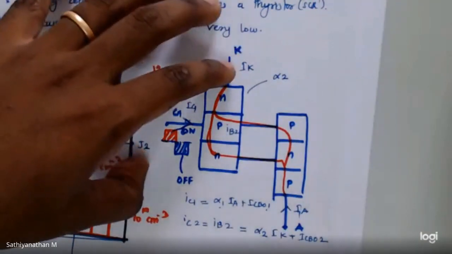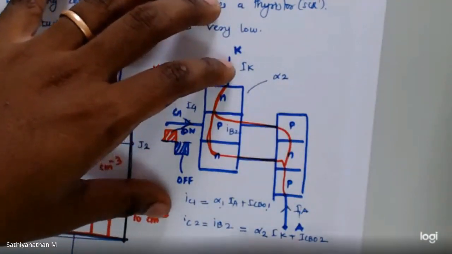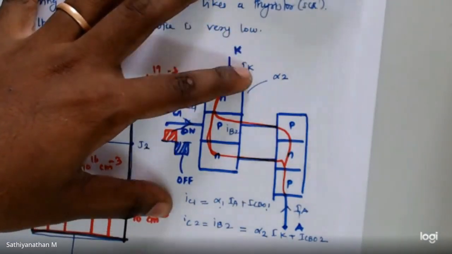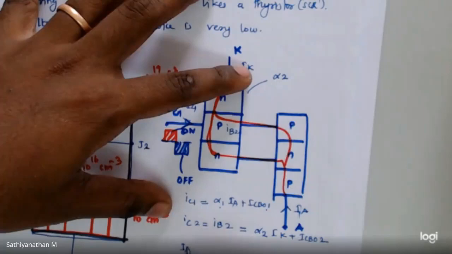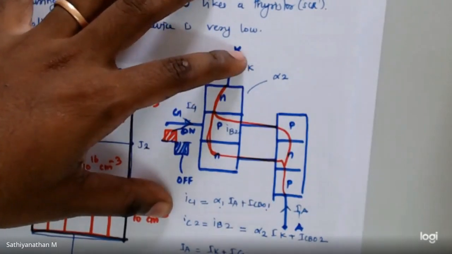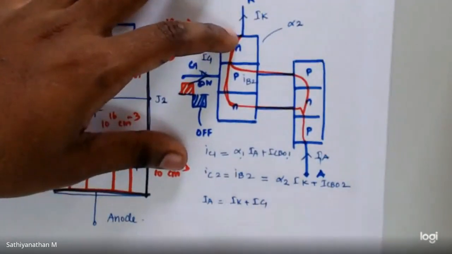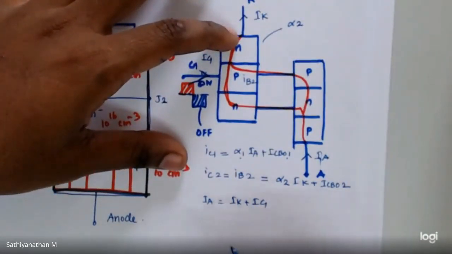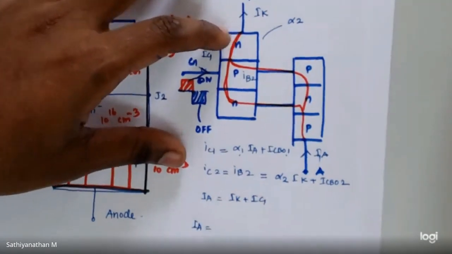So I have these two currents, and if I substitute these two current values in this equation, IK plus IG, already we discussed this, and you go through it, and I am just going to write the final equation. So you will get IA.